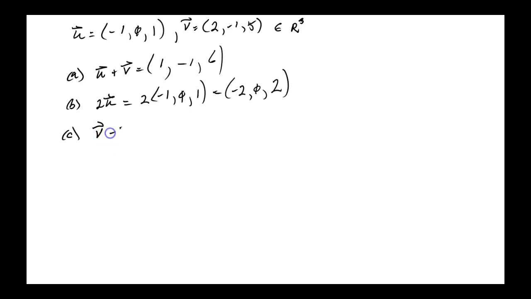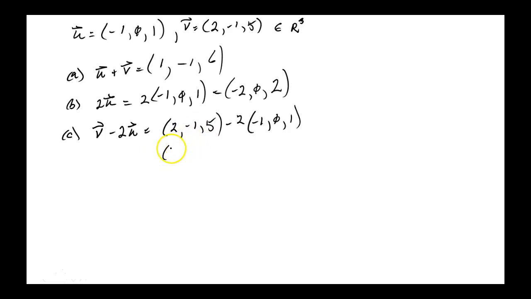Now, the C one says, what is v minus 2u? Vector v minus twice vector u. Well, let's spell it out. That would be (2, -1, 5) minus 2 times (-1, 0, 1). So let's do it in 2 steps.